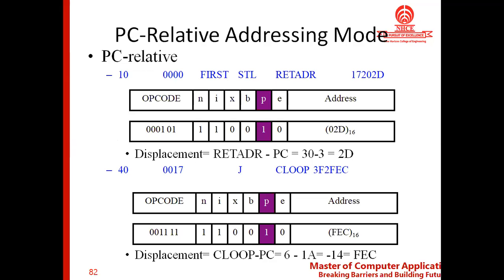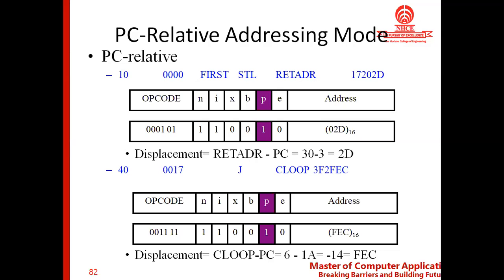So here are some more examples for the PC relative addressing mode, and how the object code is generated out of this. If you look at line number 10, we have already seen how exactly the object code is generated and represented in the instruction format.